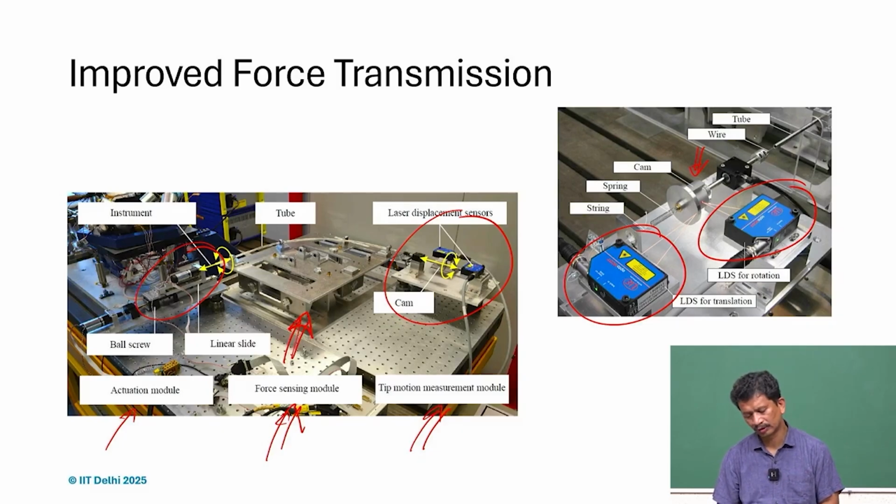So we can measure it, and at the same time, if you see this block, it is supported on an air bearing, so that we can get rid of any kind of friction related issue. So we try to use all the principles, or we can say most of the principles used to design precision systems.